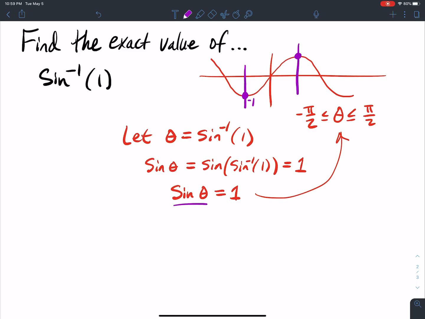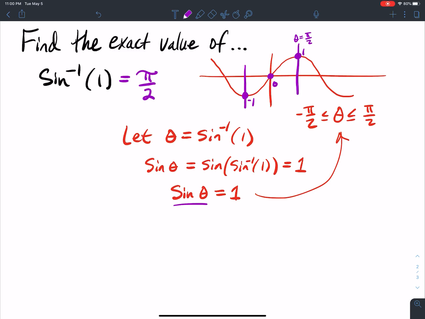Well, down here it's negative 1. Right here it's 0. Up here it's 1. So what is my value? Theta equal to pi over 2 gets me 1. All right, so this tells me that the sine inverse of 1 is pi over 2.